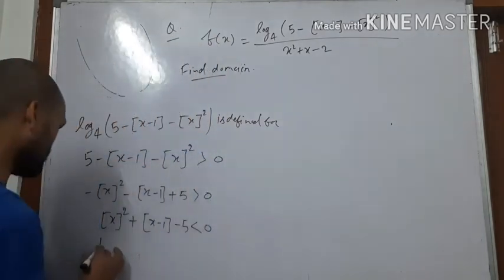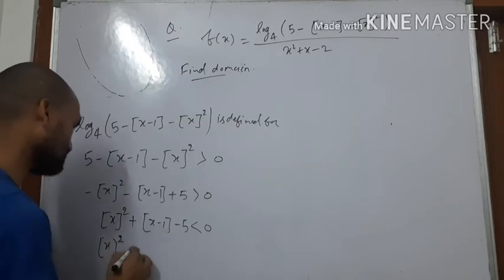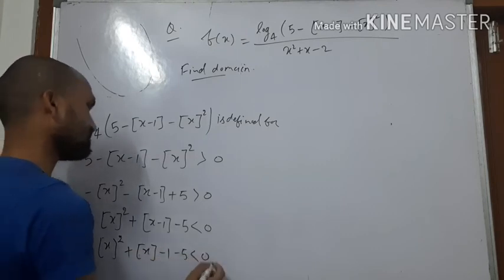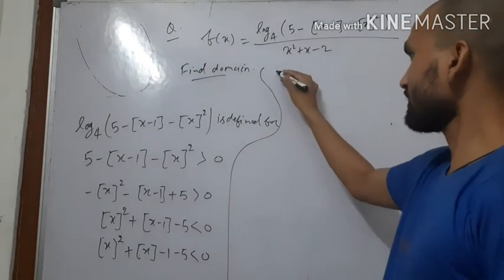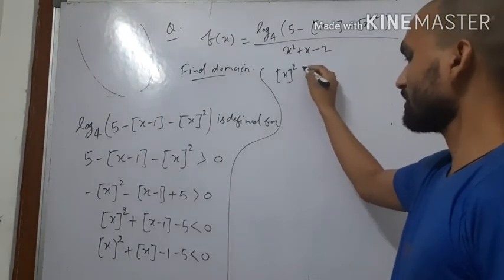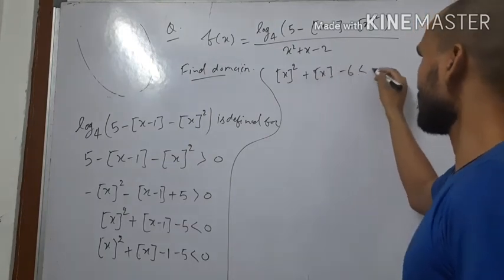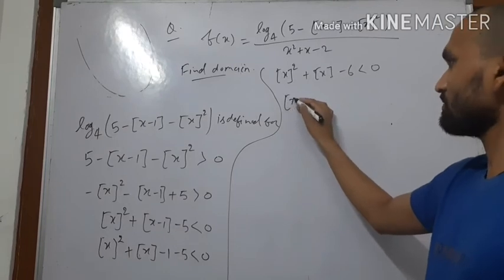The 1 will go outside of the greatest integer, so the result is greatest integer of x square plus greatest integer of x minus 1 minus 5 less than 0, that is greatest integer of x square plus greatest integer of x minus 6 is less than 0. Now, can we factorize this? Yes, it can be factorized.